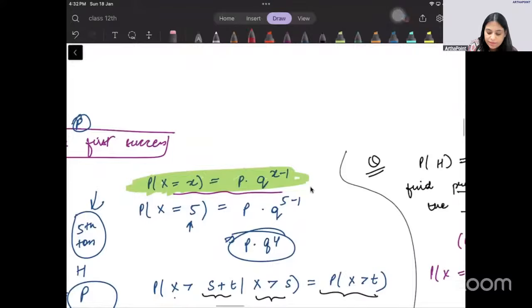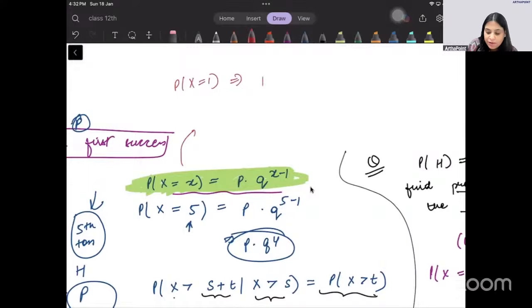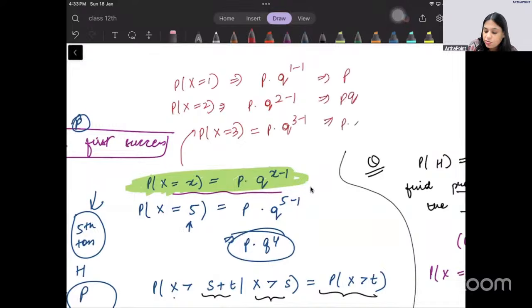So probability x as 1, which means I am clearing it in the first time, will be p into q to the power 1 minus 1. Probability x equal to 2 will be p into q to the power 2 minus 1. Probability x equal to 3 will be p into q to the power 3 minus 1. So this is p, this is p into q, this is p into q square. And you add. So this will be your thing. Okay? Any other doubt here?